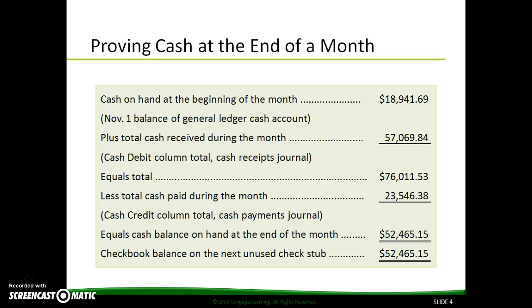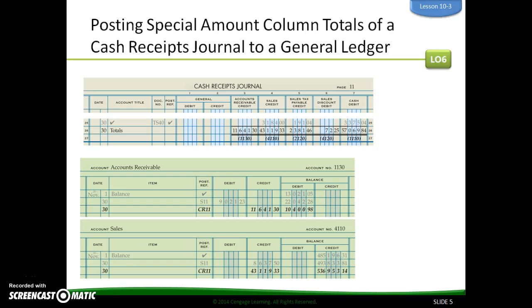So we look at our cash on hand at the beginning of the month, we total and add all the cash we received, we subtract any cash we paid out, and that should equal our checkbook balance on the next unused check stub. So the balance information we have on our check stub should tie out to what we say here when we're proving our cash.